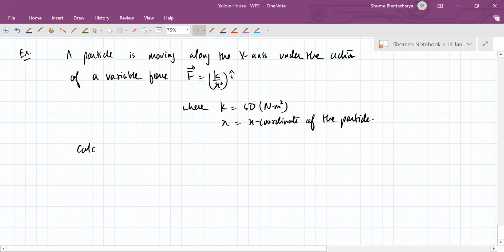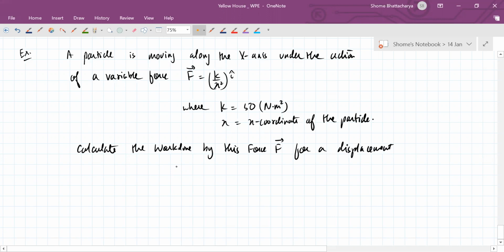So calculate the work done by this force for a displacement from x equal to 2 meters to x equal to 4 meters. Just work this out quickly, people.